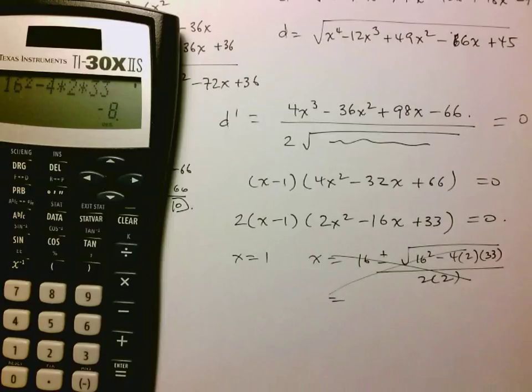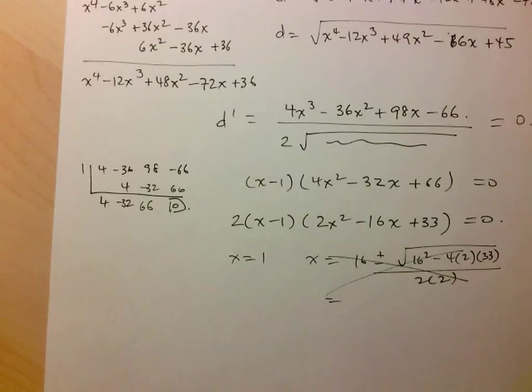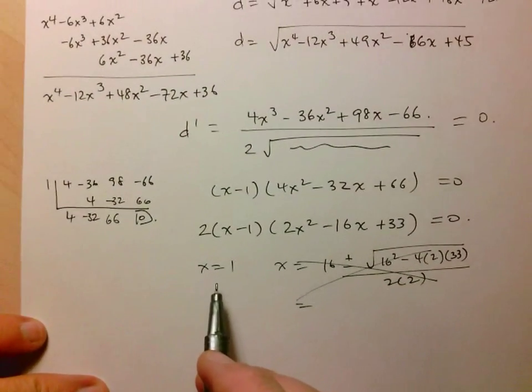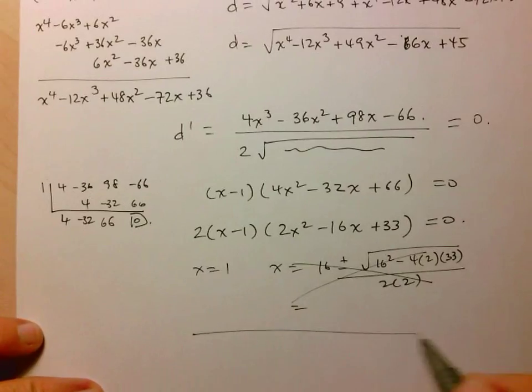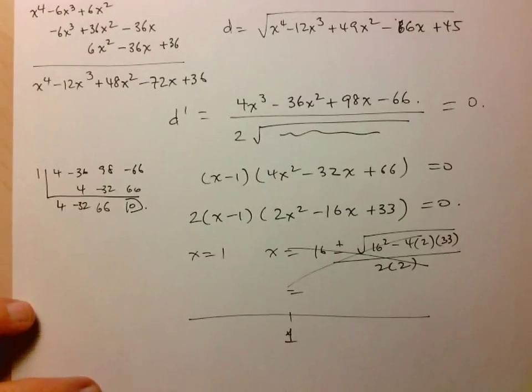Okay, so negative in the square root means that that's not going to work. So the only thing we have to do is check to see if x equals 1 does indeed give us a minimum. So at x equals 1, let's test here.